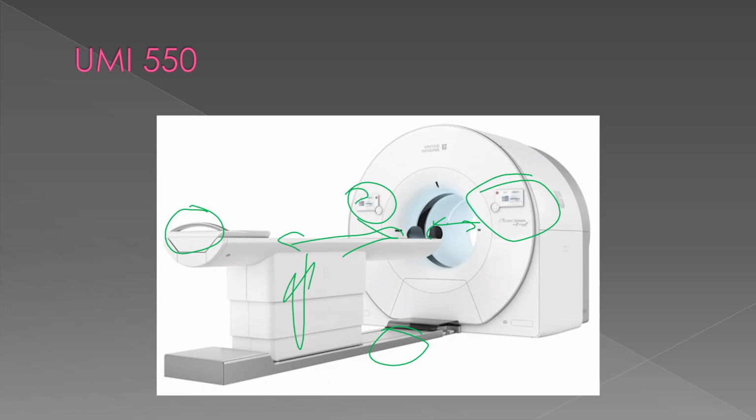United Imaging is also the one that has the total body PET, which means this extends the length of a person's whole body. I think it goes for like 6 feet or something. So the person literally just goes in the tunnel for like a minute and then they're done and you have their entire body from head to toe.